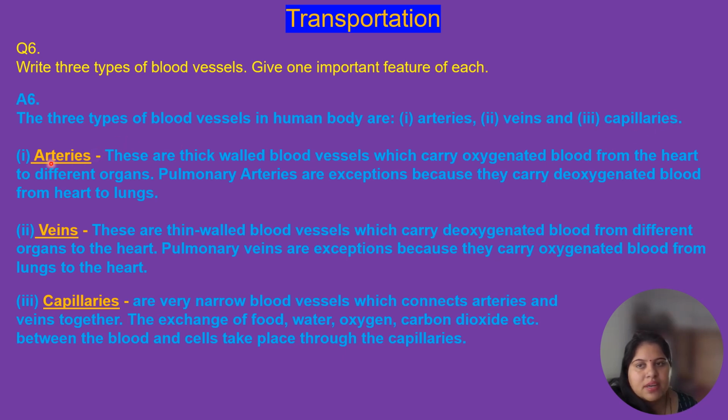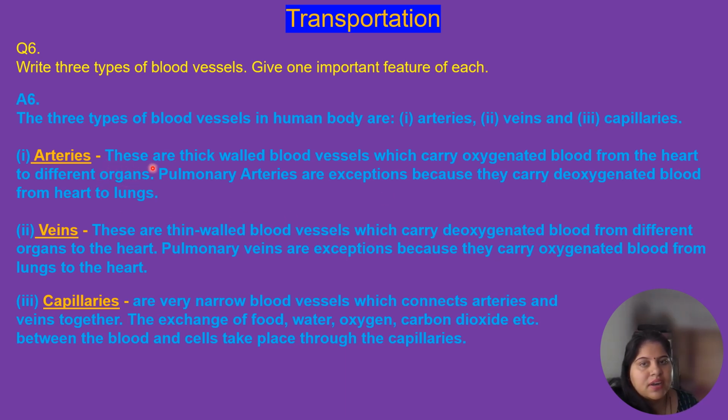So let us understand about the arteries. Arteries are thick-walled blood vessels. This is the peculiarity of the artery. These are thick-walled blood vessels which carry oxygenated blood, oxygen-rich blood, from the heart to the different body organs.